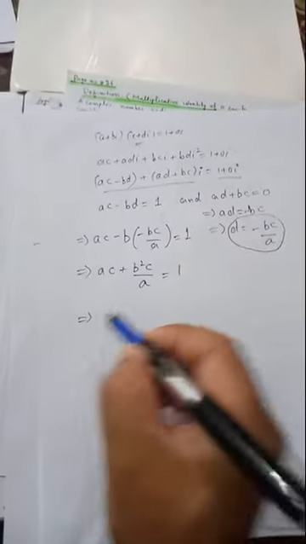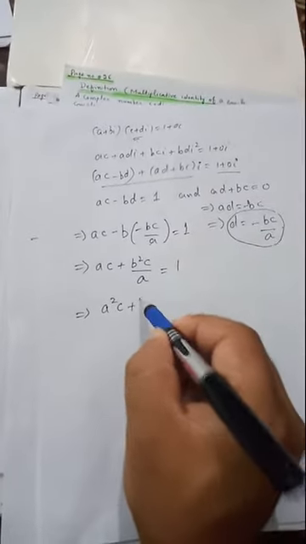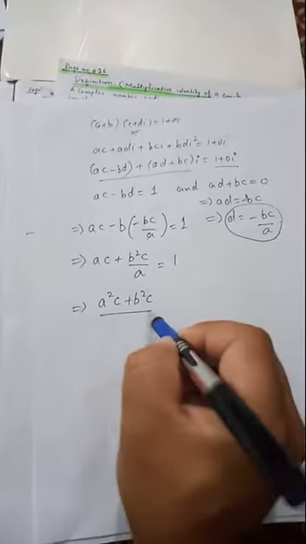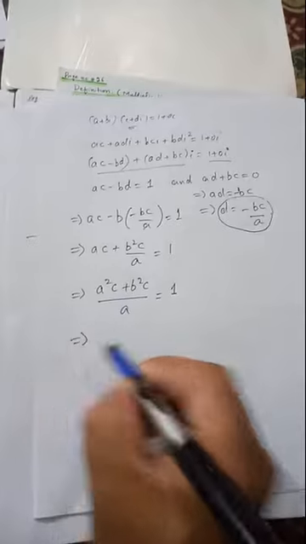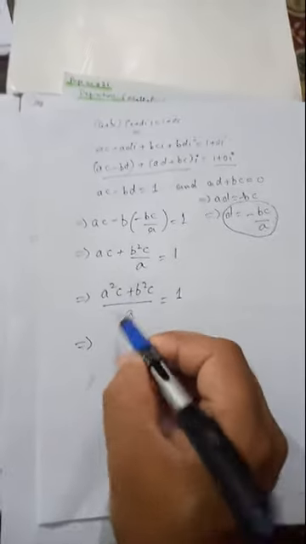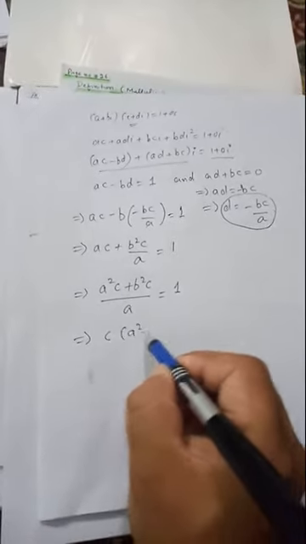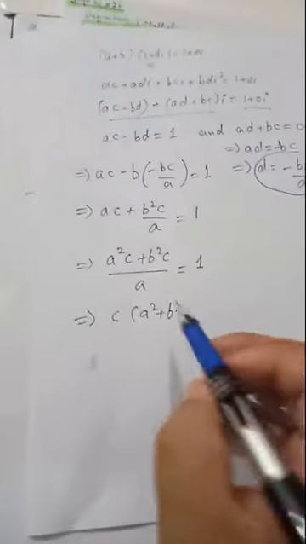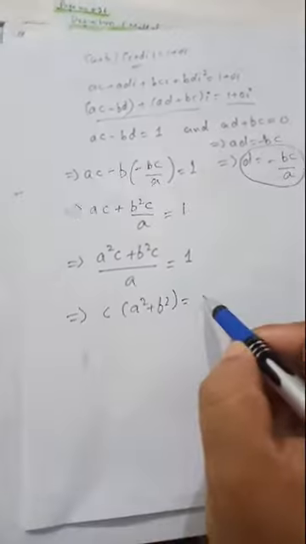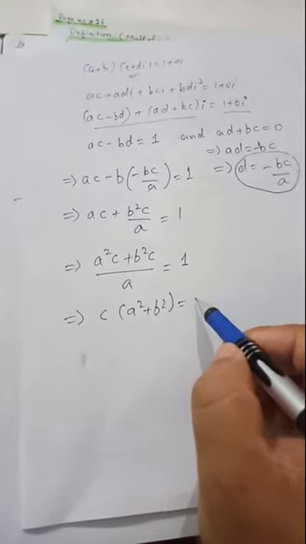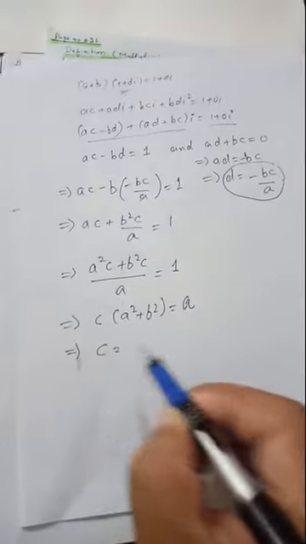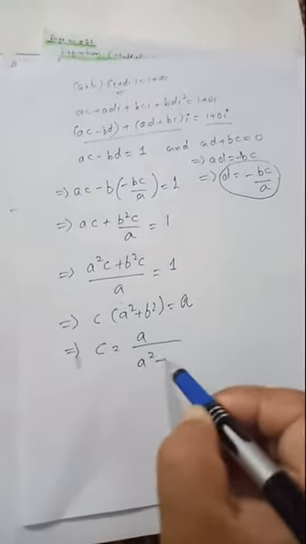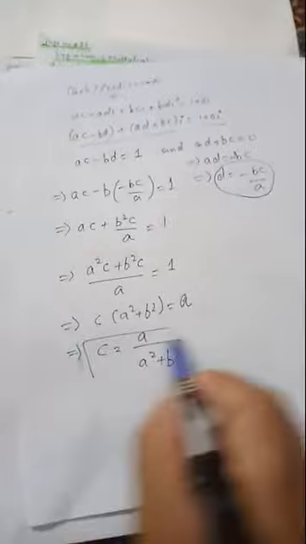Taking the LCM, this is a square c plus b square c, divided by a, equal to 1. Taking c common, c times a square plus b square, and shifting a to the right side as multiplication, c will be equal to a divided by a square plus b square. So this is the value of c.